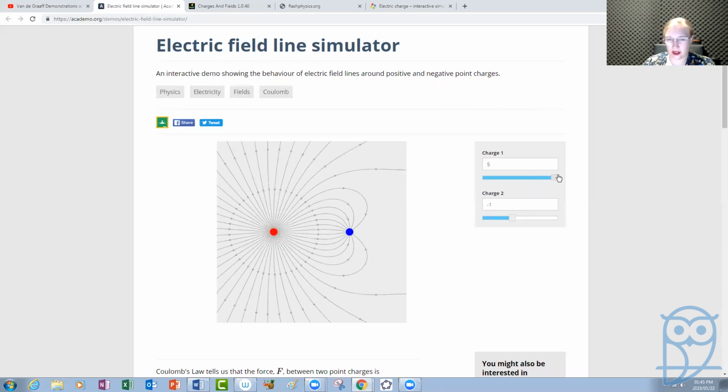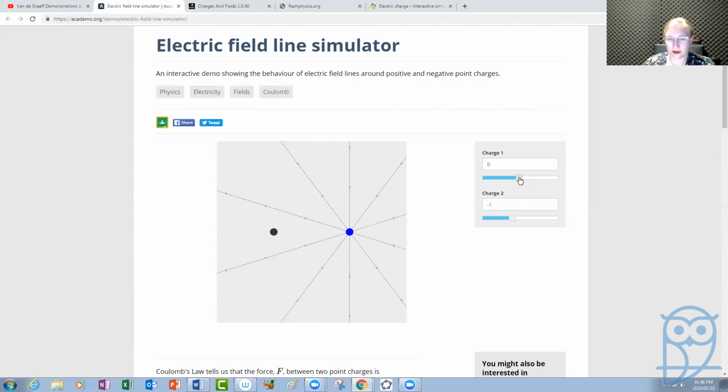And again, continuing on until this one, you can see, is very, very strong. This one is a lot weaker. Now, this is if we have one neutral and one that actually has a charge. That neutral particle will have pretty much no effect on it.